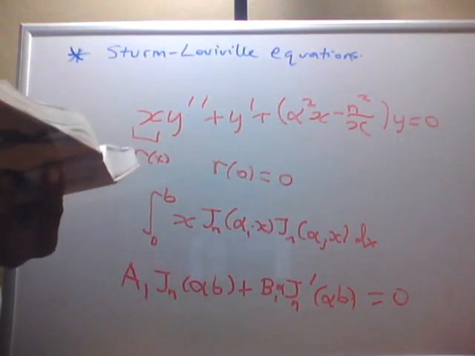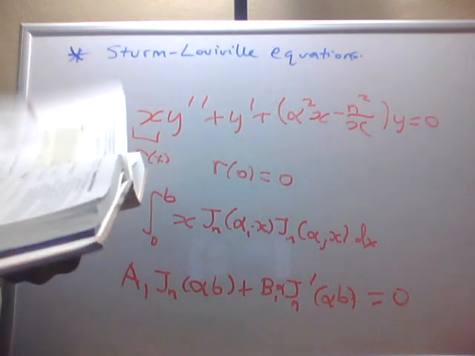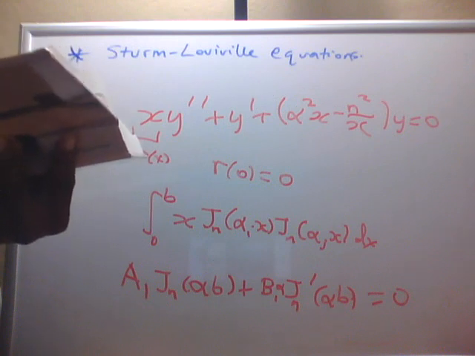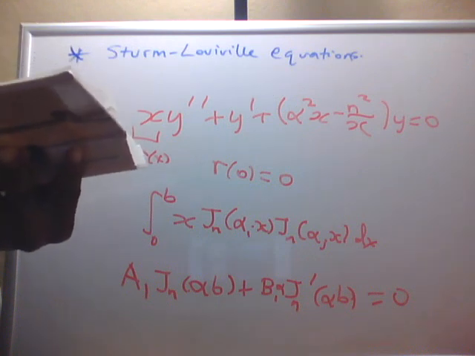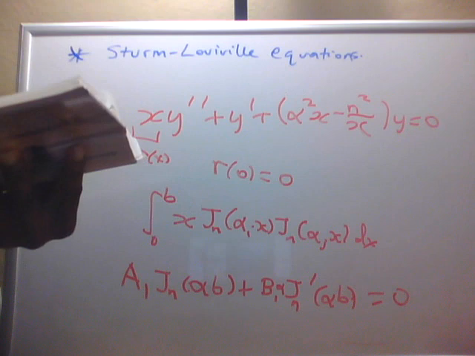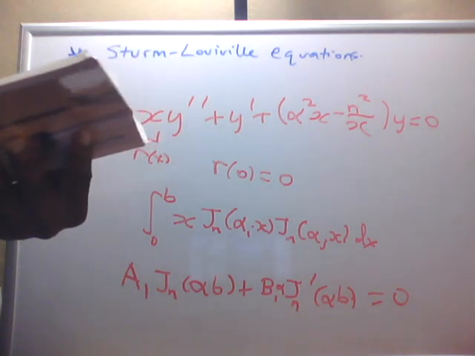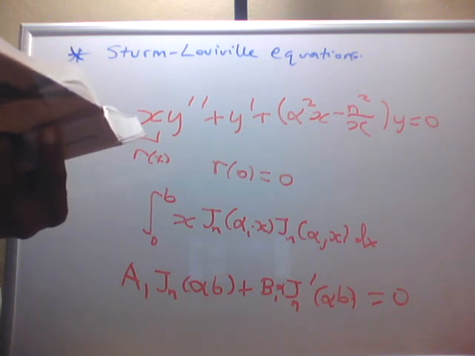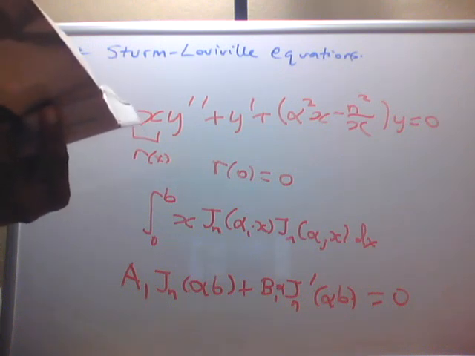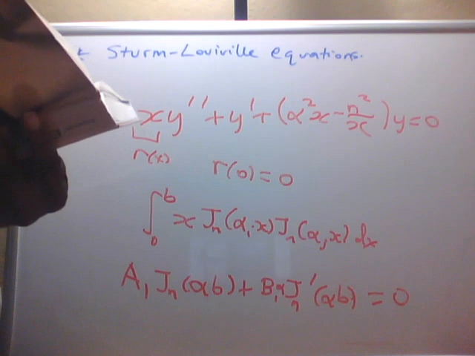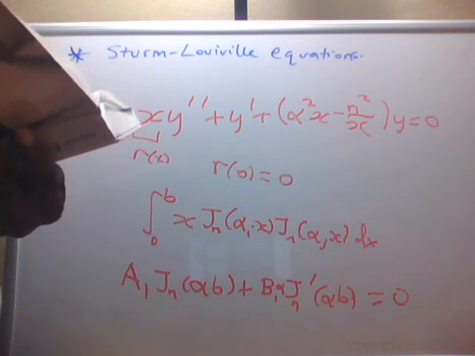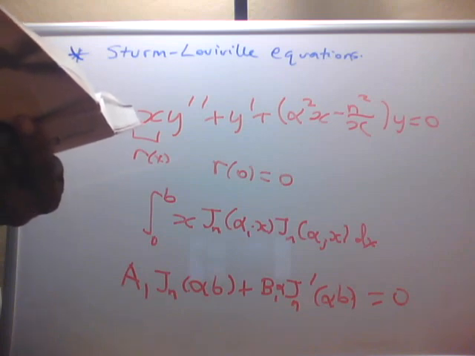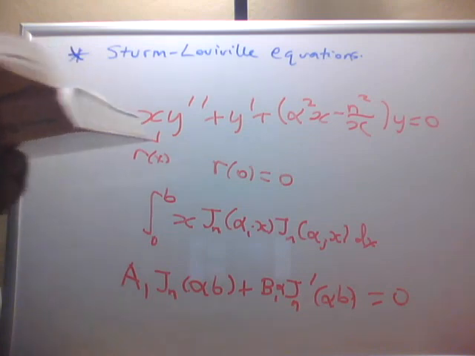So again, your book here on page 654 shows you a nice way to determine the square norm for each of the different kinds of boundary conditions you may see.